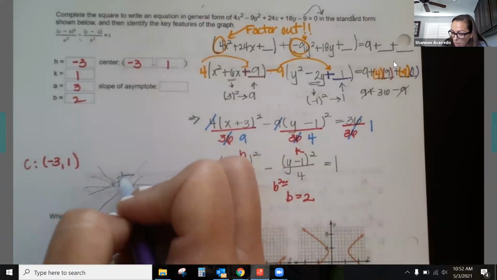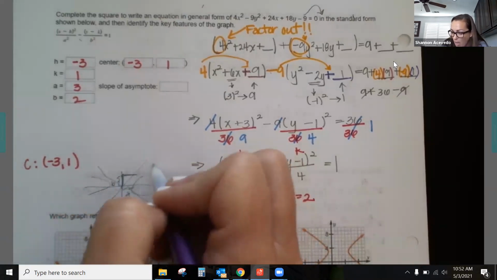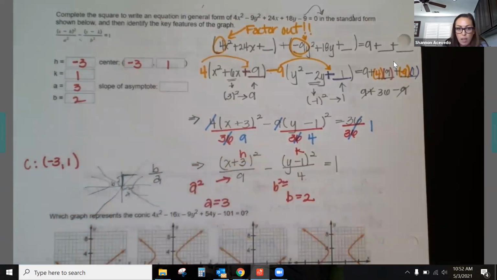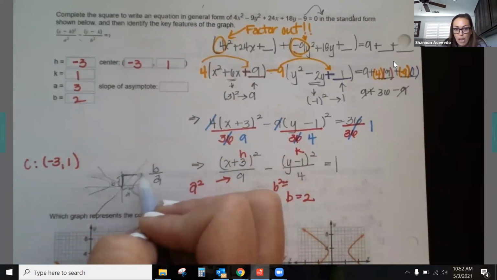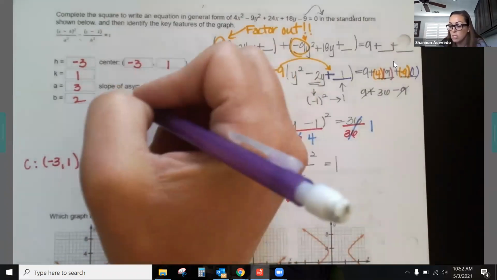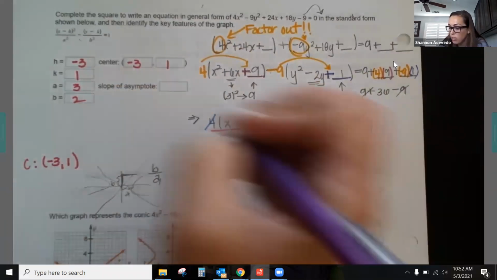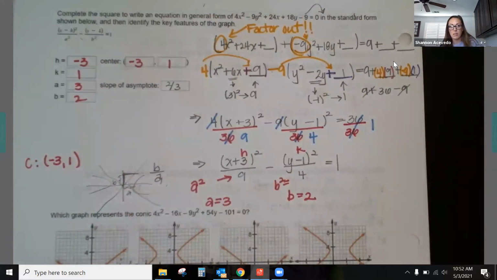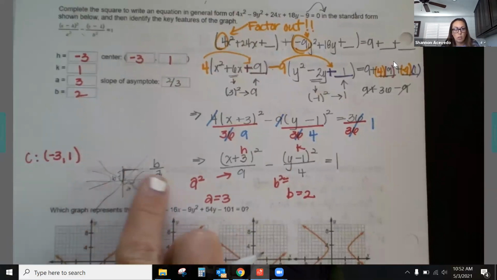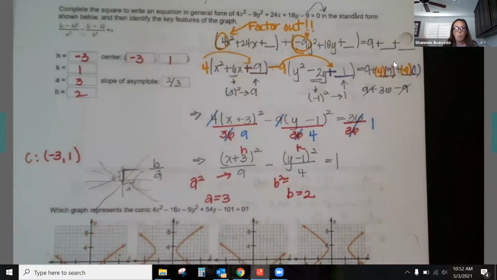So in this case, it'd be b over a. So I read this as b over a, and I also go up b and I go over a amount. So the equation for the slope is b over a, and in this case, it's just going to be 2/3. So I could just quickly do a quick little visual to see that I'm going up b over my a value. Or you guys might have that memorized, or you pull out your notes, whatever you prefer.